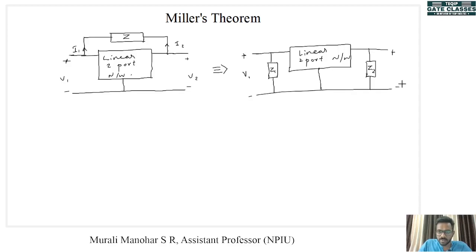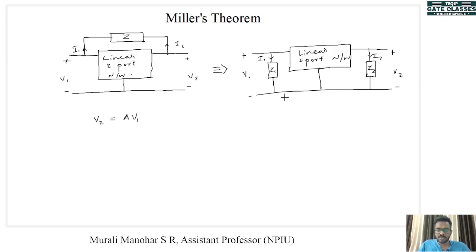Here we have plus or minus V2. Through Z1, here I1 flows and here I2 flows. And here there is a relationship between V1 and V2, and that relationship is V2 is equal to AV1, where A is the gain, right?